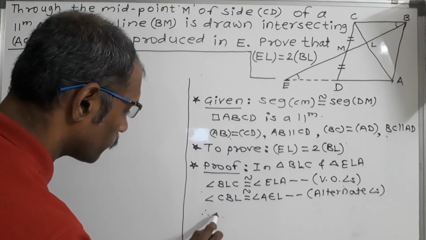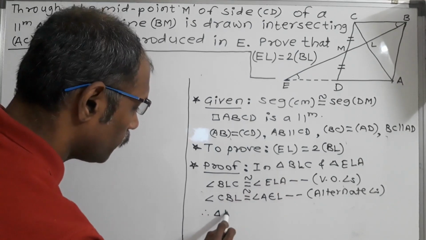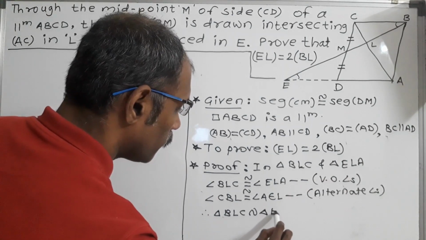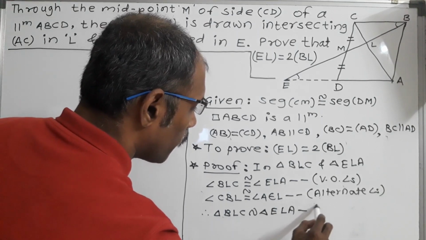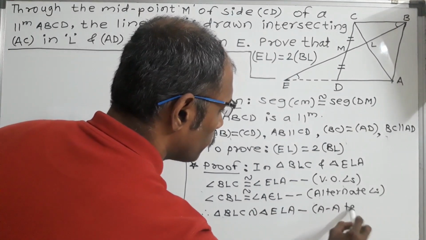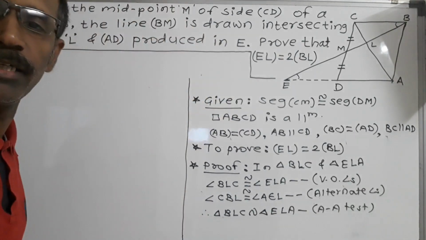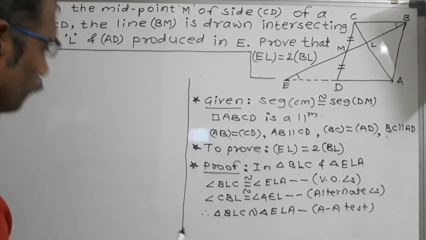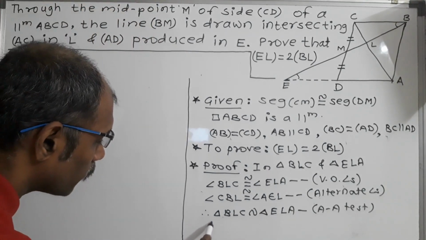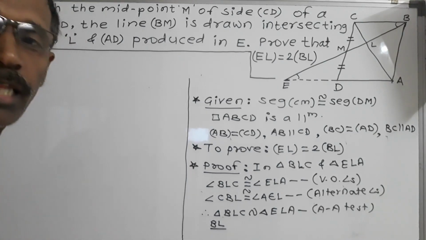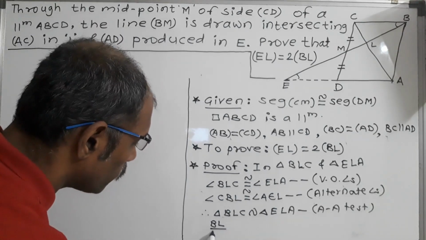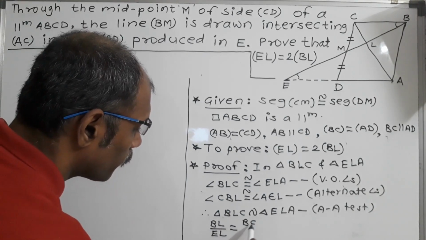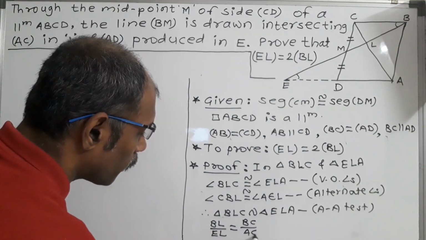Therefore we write triangle BLC is similar to triangle ELA by the AA test for similarity. If these two triangles are similar by any test, then we write BL upon EL is equal to BC upon AE.